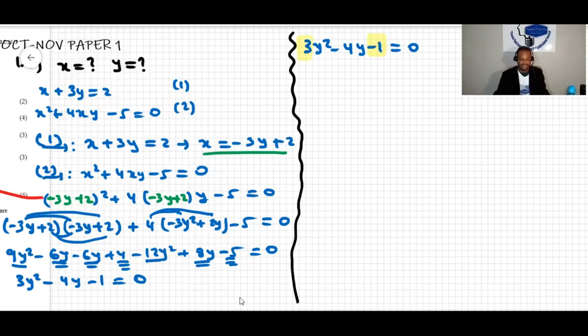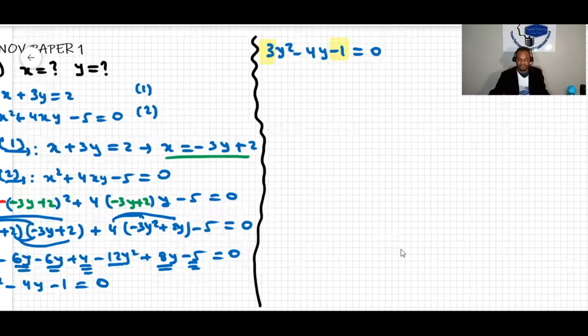The factors of 3: 3 is a prime number, so its factors are 1 and 3 only. We need a sum equal to the coefficient of the middle term, -4. So it must be -1 minus 3. This is the only combination to have -4.